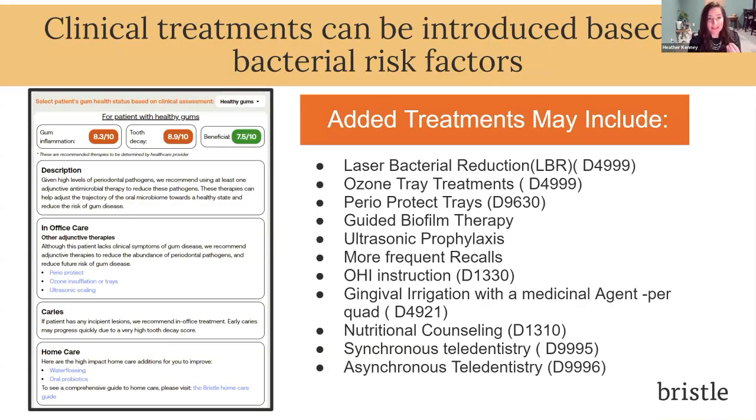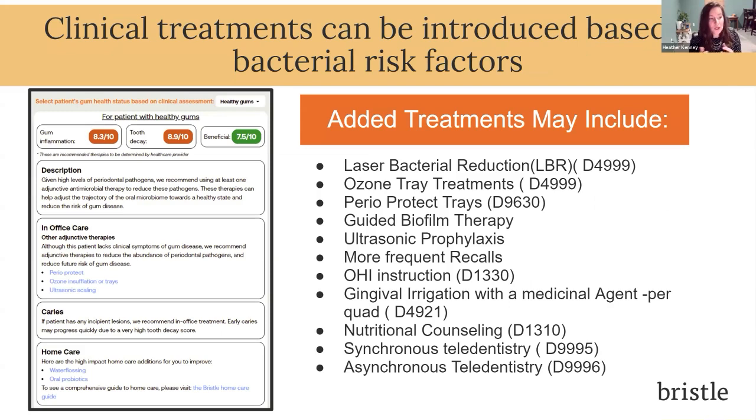So clinical treatments can then be introduced based on the bacterial risks versus the presence of disease. So in our platform, you can pick what the patient might be presenting with. So in the upper corner here, you can see like healthy gum tissues, but maybe their gum inflammation score is indicating high risk, or their tooth decay score is high risk.